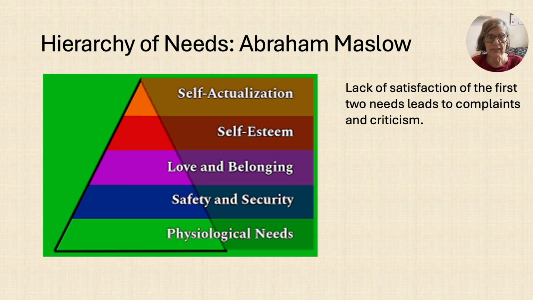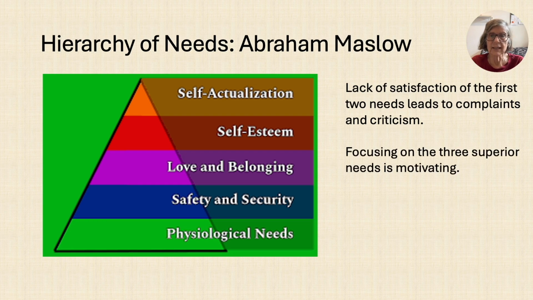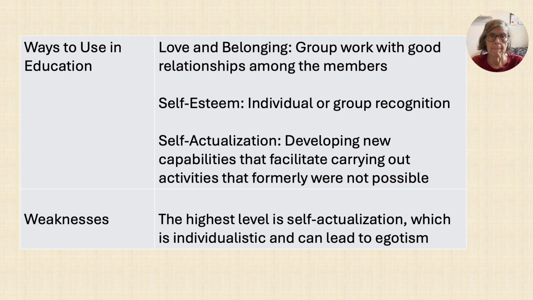If the first 2 needs, our physiological needs and our need for safety and security, are not satisfied, we are not motivated. We will usually just complain or criticize. So the top 3 needs are the most important ones to take into account in education. These are much more motivating.